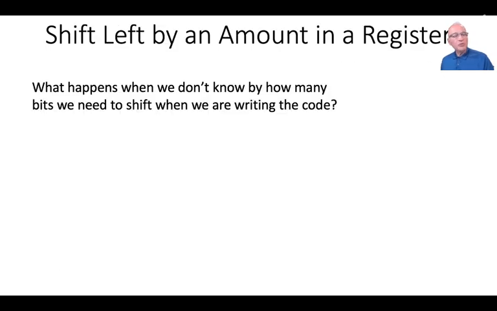So what happens, sometimes we may not know by how many bits we need to shift when we are writing the code. So that's the case where our shift amount is not constant, and is rather the value that's currently stored in a given register. And it's impossible for me to take the value that's in a register and transform it into a constant that I will know when I write the assembly program.